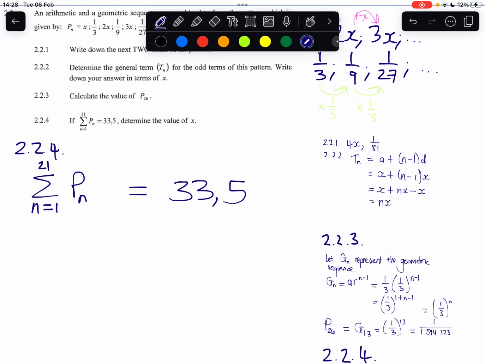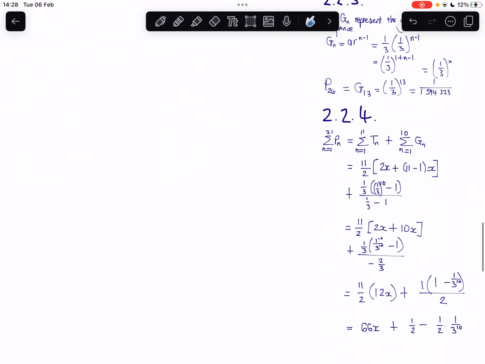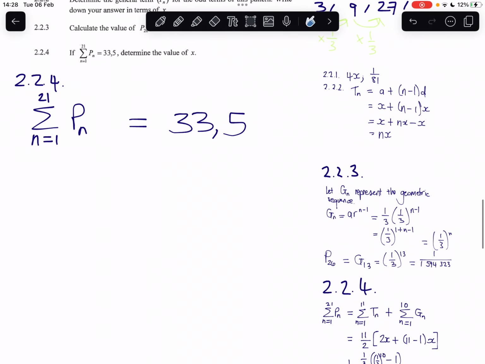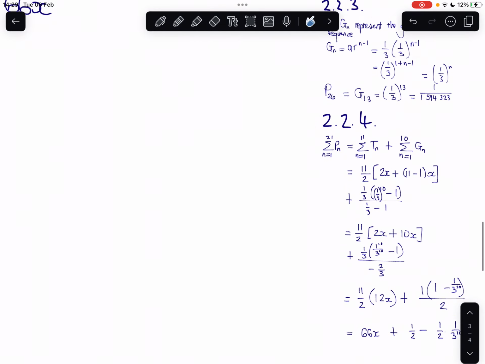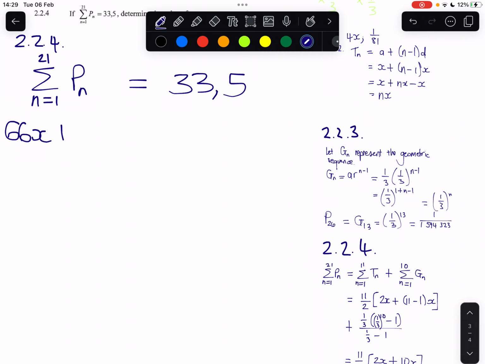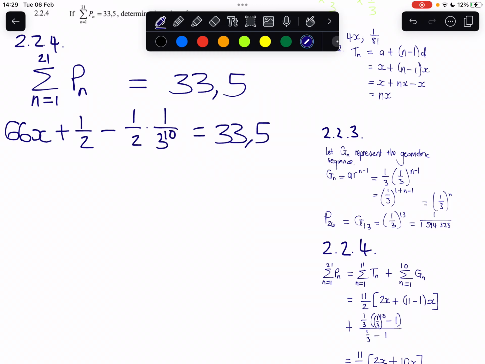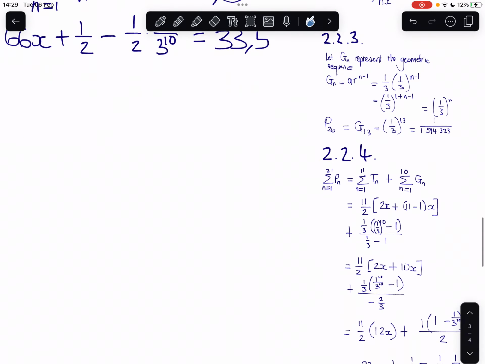We then went to the excruciating pains of figuring out an expression for the left-hand side, which came down to 66x plus a half minus a half of 1 over 3 to the 10. And we found that that was 33 and a half.